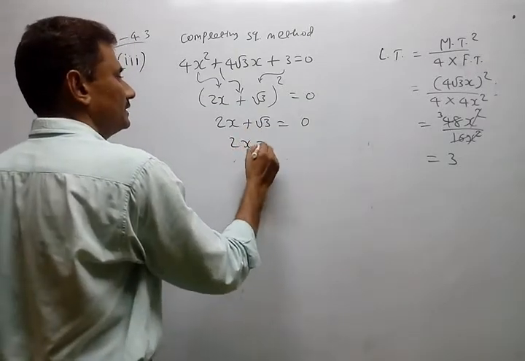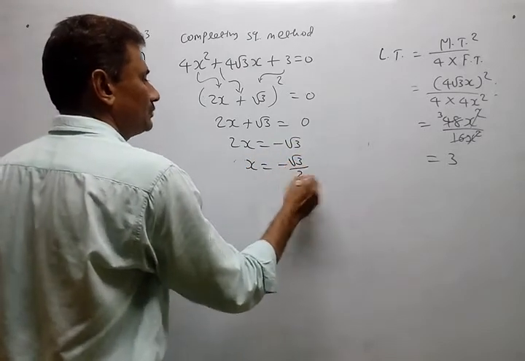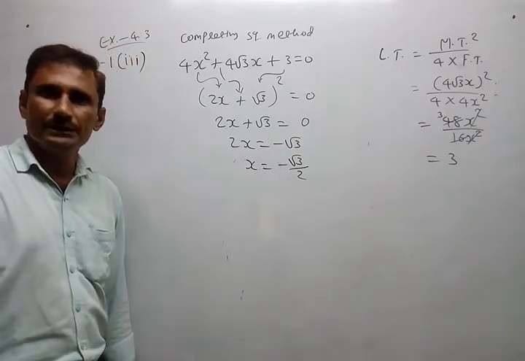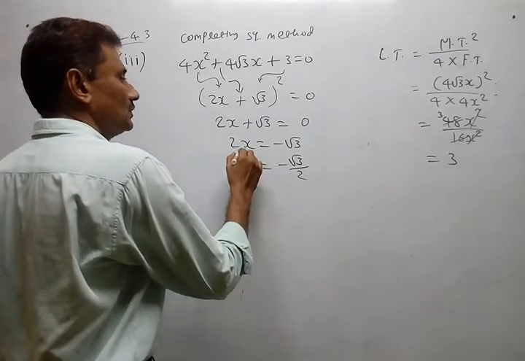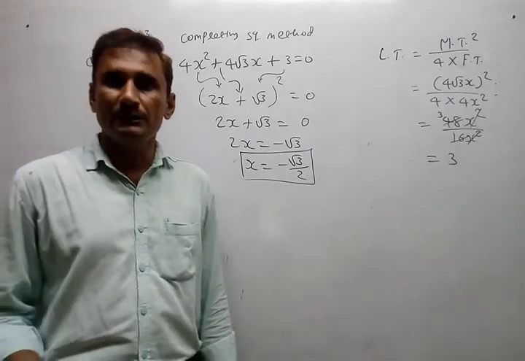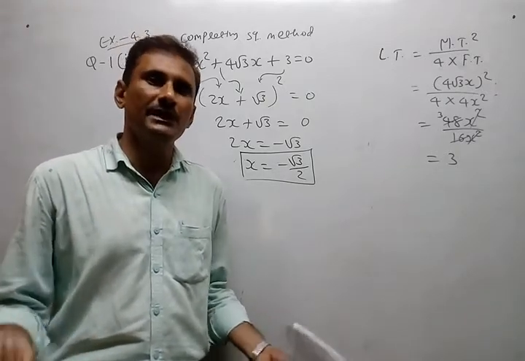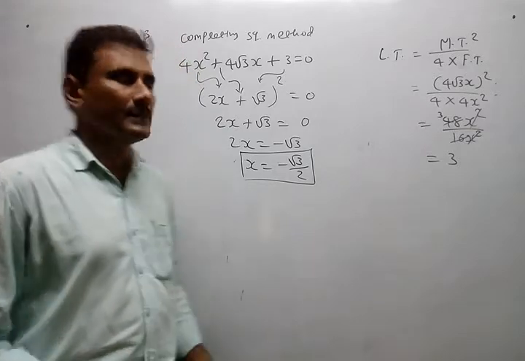So 2x equals minus root 3, and x equals minus root 3 by 2. Understand? We got only one solution. Sometimes two, sometimes one, and sometimes no solution. It is not necessary that we get a value of x every time.